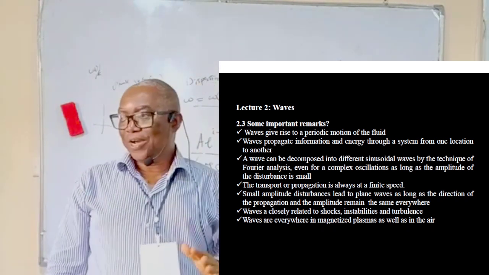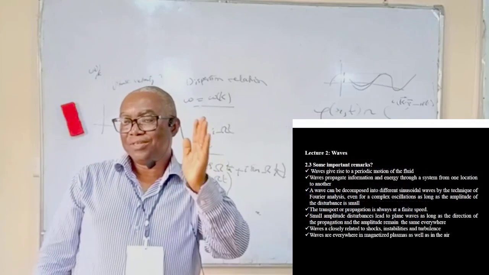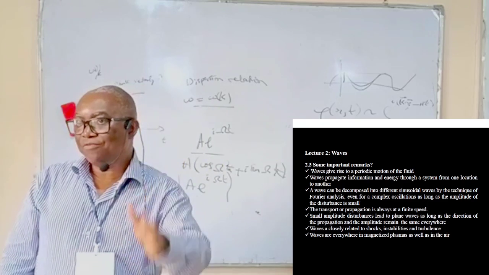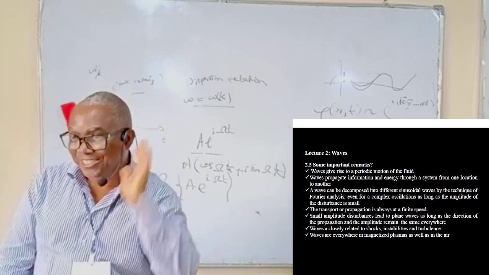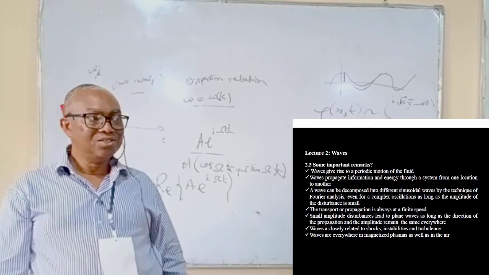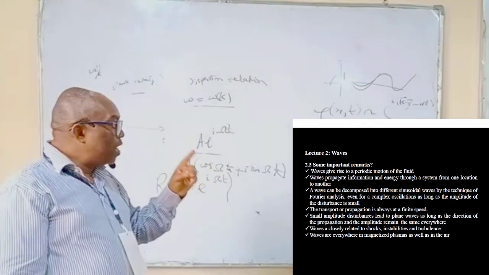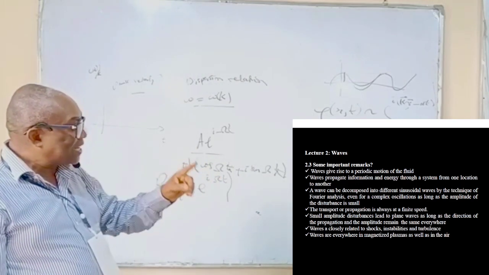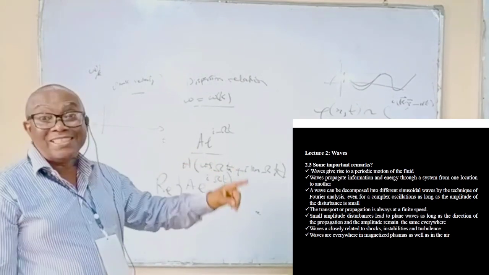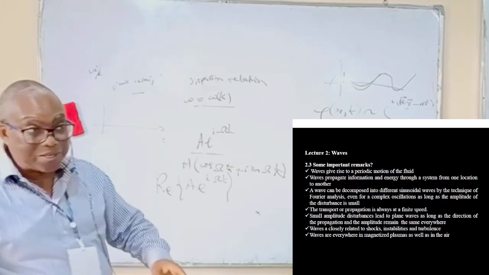You see, we have equilibrium, wave, shocks, turbulence, and instabilities. These are very important areas in our work. Now, waves are everywhere in magnetized plasma as well as in the air, as I was trying to tell you before. So this is not part of our work.